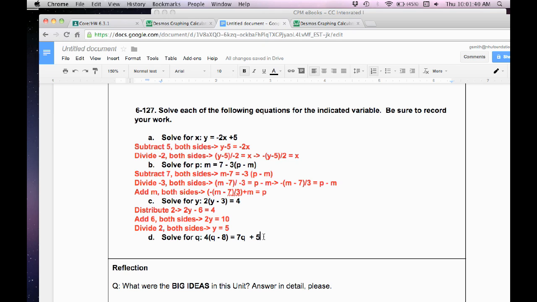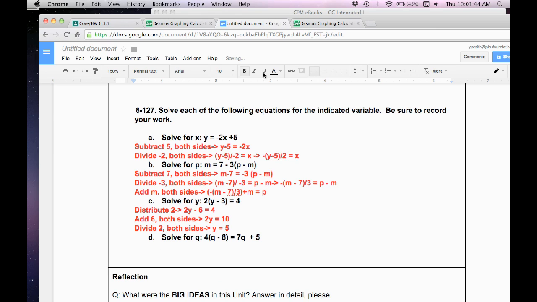So we are going to start by distributing here. We're going to distribute the 4. And that will get us 4 times Q is 4Q. Don't say that with a Brooklyn accent. 4 times negative 8 is minus 32 is equal to 7Q plus 5.